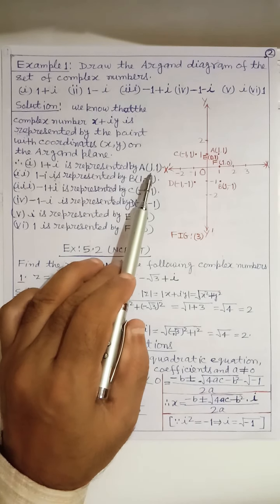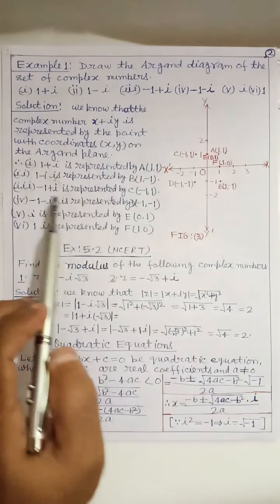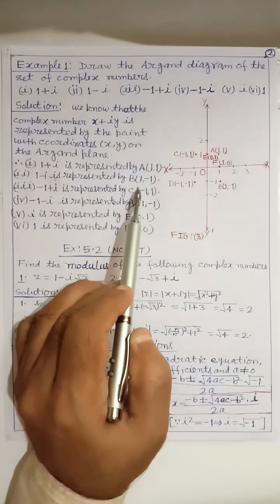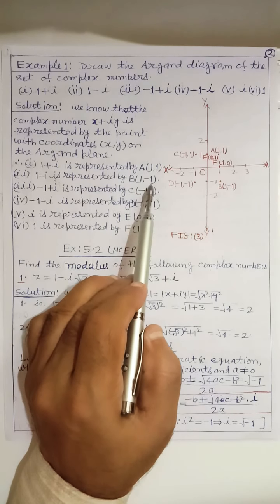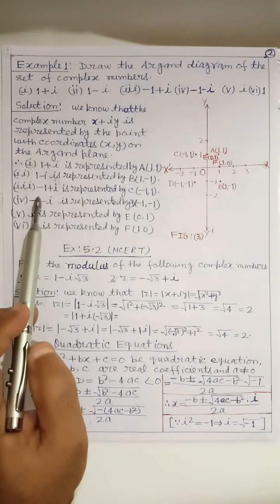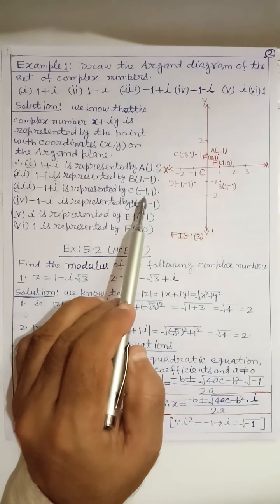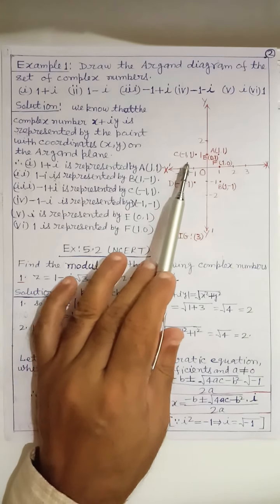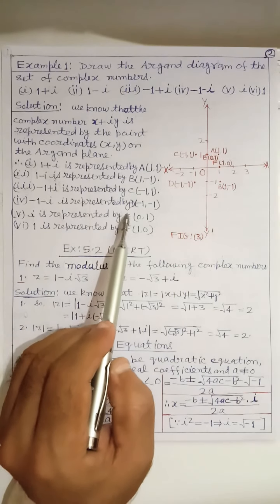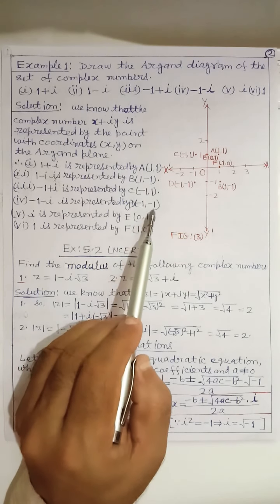point A having coordinates (1, 1). Here 1 minus i is represented by point B having coordinates (1, minus 1). Here this is B. Minus 1 plus i is represented by the point C having coordinates (minus 1, 1). Here this is C. Minus 1 minus i is represented by the point D having coordinates (minus 1, minus 1).